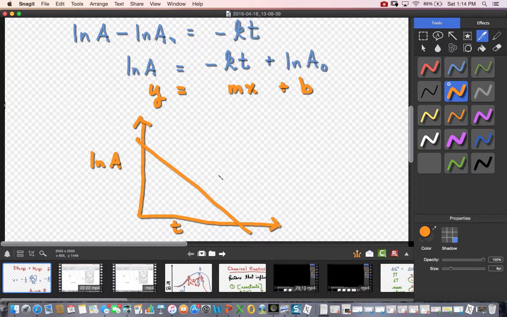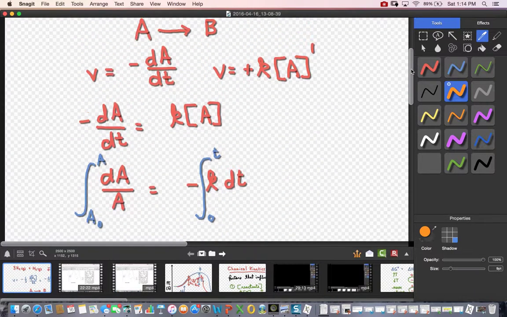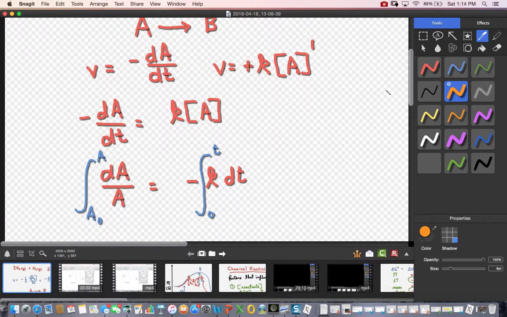And if I take the negative of this slope, I will have the rate constant of the reaction. So this is one way that I can manipulate variables and determine if it's first order or second order or zeroth order, etc.